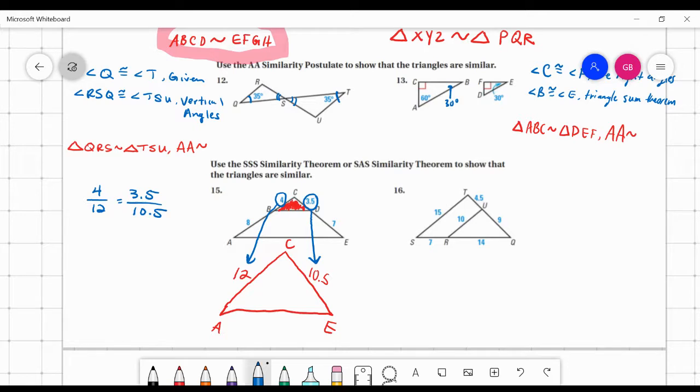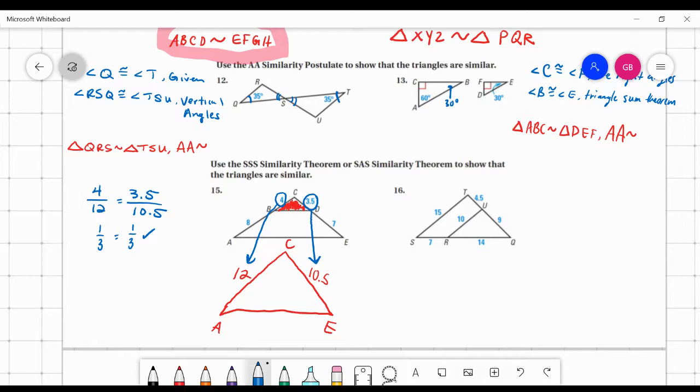We have to check if these are equal, okay? 4 over 12, I could divide the top and bottom by 4 to get 1 over 3. And then 3.5 over 10.5, I could divide the top and bottom by 3.5 to get 1 over 3 as well, okay?